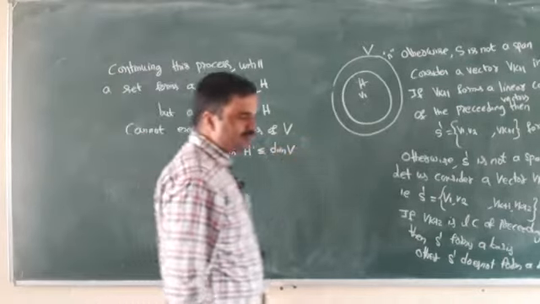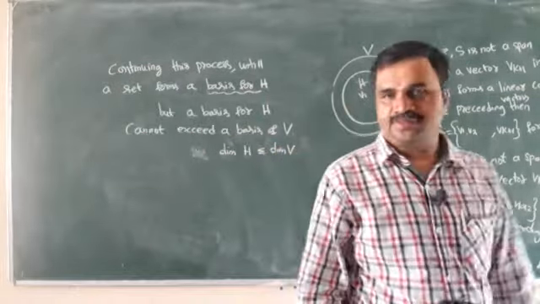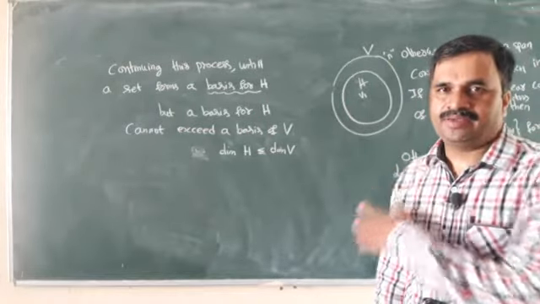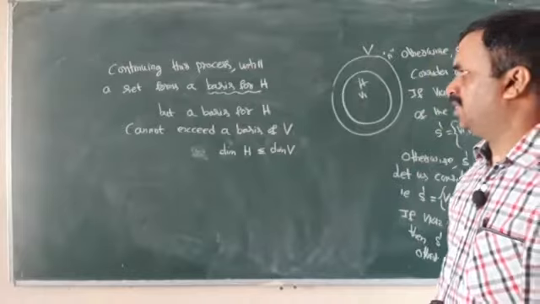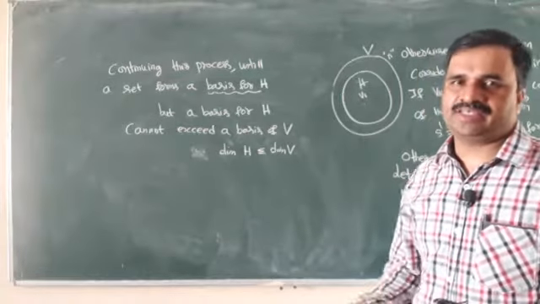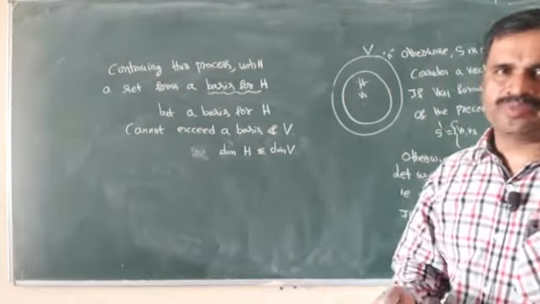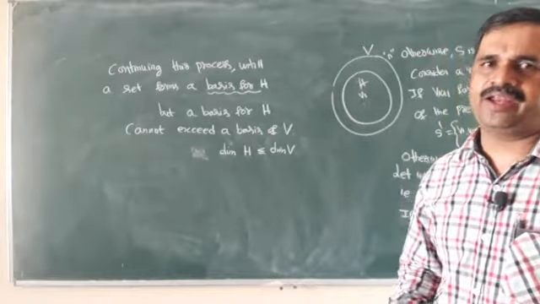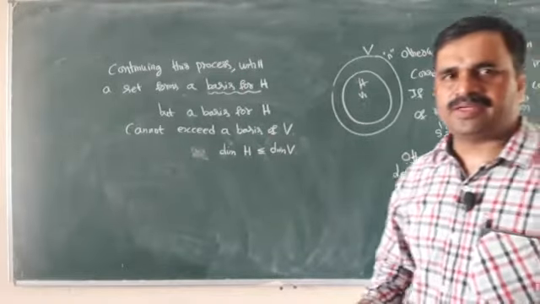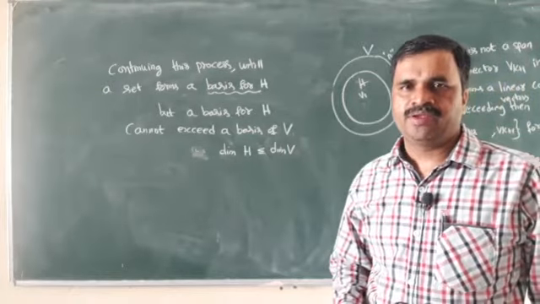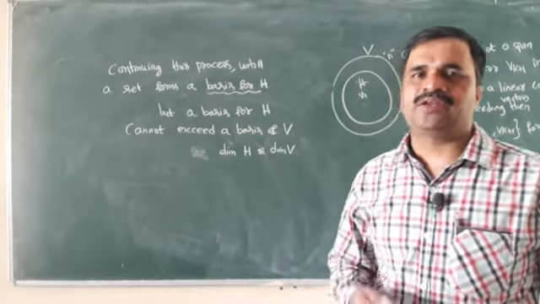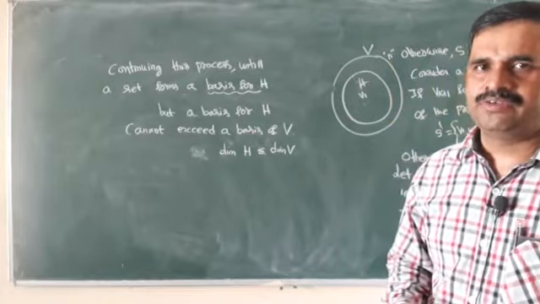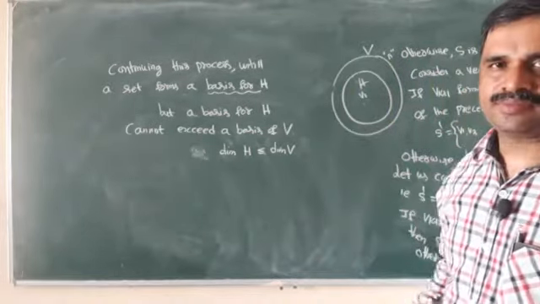Continuing this process until a set forms a basis for H. Any set S, S dash, S double dash, like that we will continue, because we can add a vector. In the statement we have that we can add a vector. By adding this vector, if it forms a basis, okay. If it does not, we will continue this process until we get a set which forms a basis.